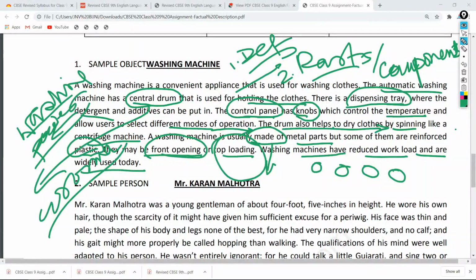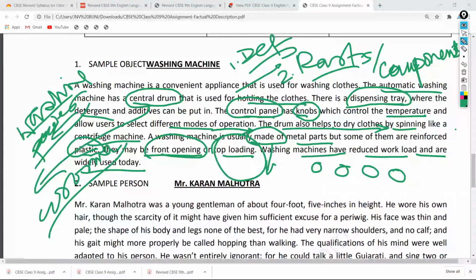You can say the washing machine is a blessing for the modern man who has less time, because it reduces the workload and in a short span of time it works a miracle.